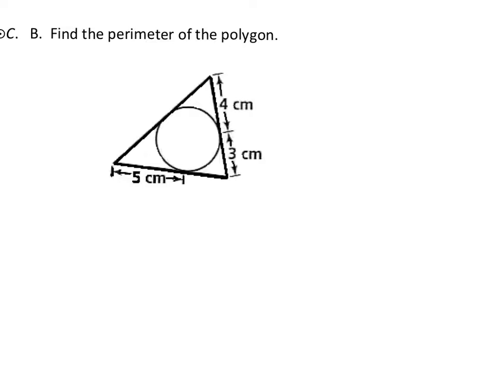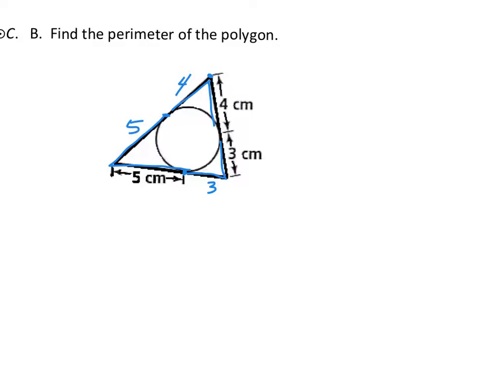Not to backtrack too much, but this type of problem here where it says to find the perimeter, it kind of goes along with the fact that if you have an endpoint in common on a tangent, so tangent, tangent, same endpoint, that means that these are the same, so those are both 5. And then here, endpoint, so if that's 4, then that's 4. And if this is 3, then this is 3.